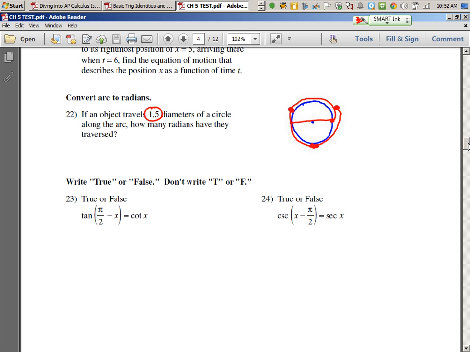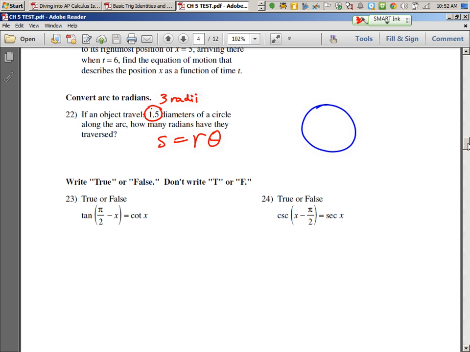Why? Because this is 6 radii, right? I'm sorry, this is 3 radii. 3 radii is equivalent to 1.5 diameters. Isn't that true? So remember this formula, S equals R theta? I have just traveled 1.5 diameters. I didn't draw my picture quite right, sorry.